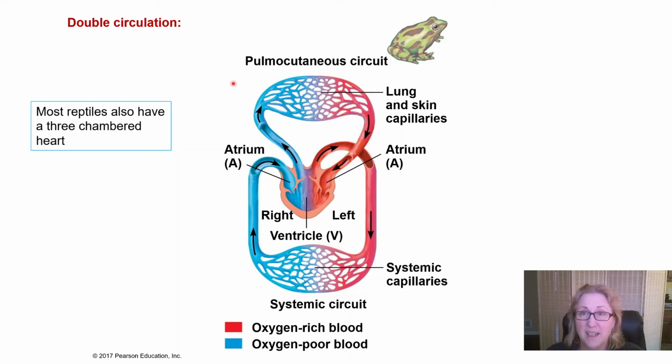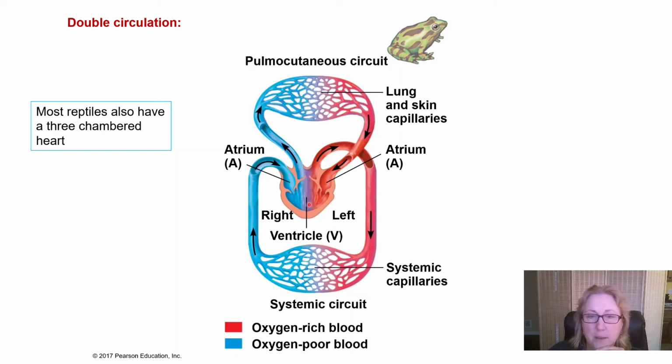It's almost like their skin is acting like a gill and assisting with gas exchange. So the skin is vascularized by this pulmocutaneous circuit. It returns to the left side of the heart and then is pumped to the rest of the body.